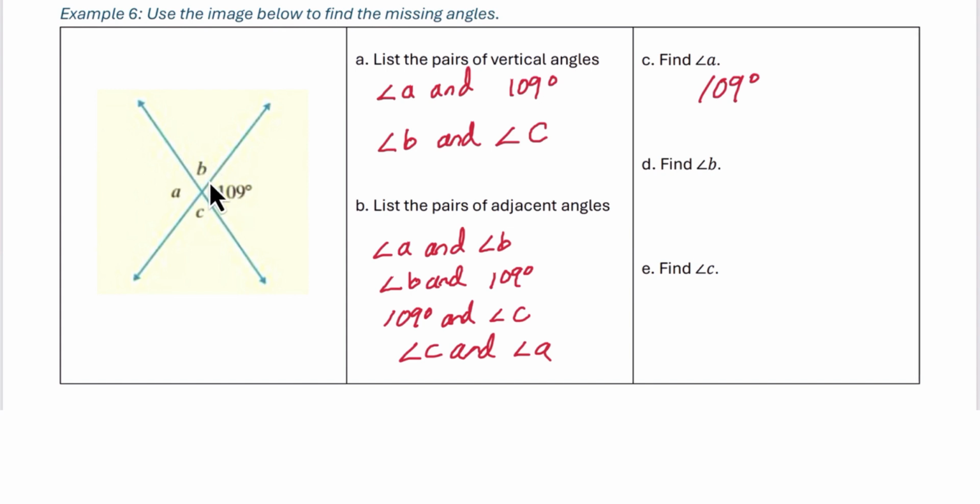That means it forms a straight angle, which is 180 degrees total. So we can take 180 and subtract the 109 to find angle B is 71 degrees. And if angle B is 71 degrees, then its opposite, C, must also be 71 degrees.